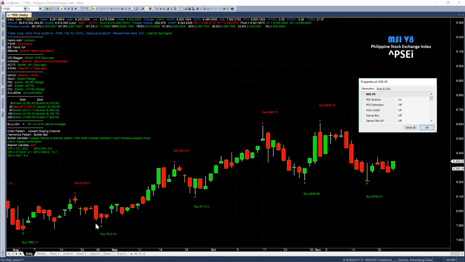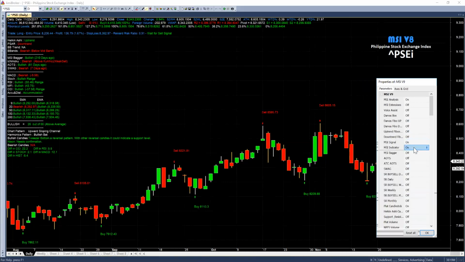This is your first buy signal using the MSI. Ito yung bottom fishing. So ito yung first entry when you are doing a tranches buying. So the second signal na lalabas using MSI is your MSI indicator. The MSI indicator is your yellow arrow here.